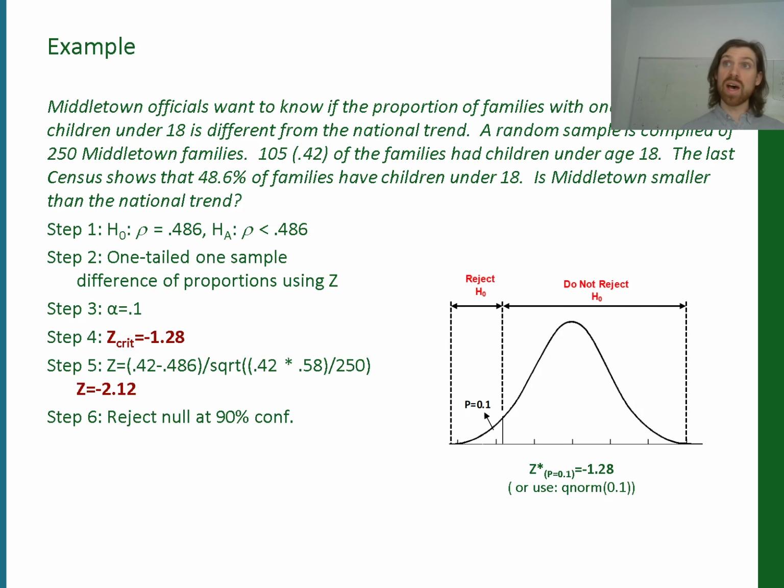And then once we've done that, we're able to reach a decision for the concluding statement that we make, which is about whether or not we reject the null hypothesis, or whether we don't have enough information to reject the null hypothesis.